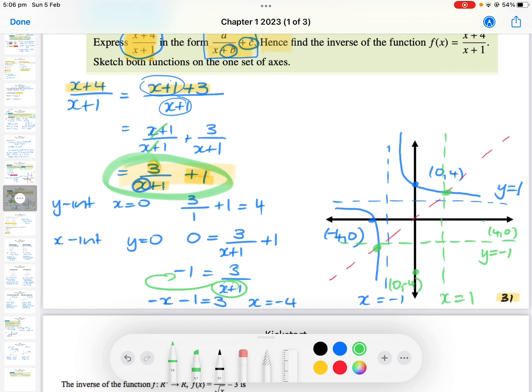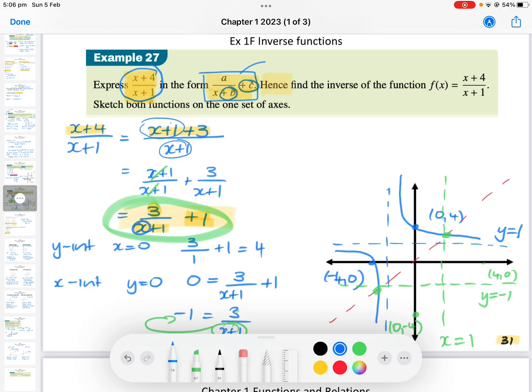But it also wants us to find the rule. So I've got a bit of a vibe about what it looks like with all the graphical bits. What is the rule going to be? To find the inverse, swap x and y. So it's going to become x = 3/(y + 1) + 1. So we'll go x - 1 = 3/(y + 1).